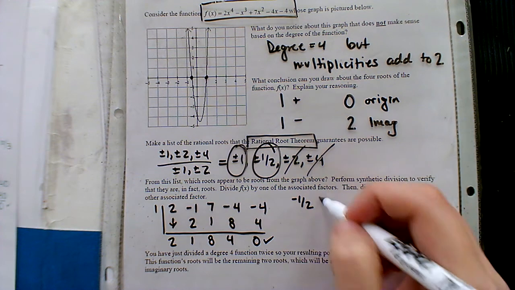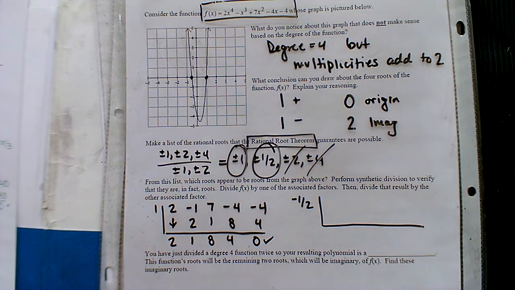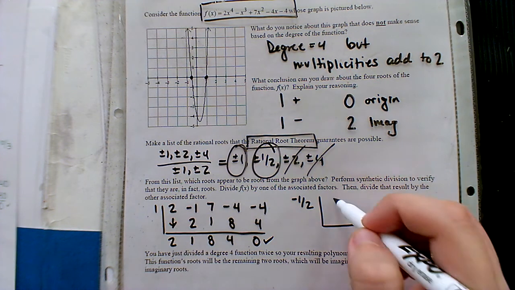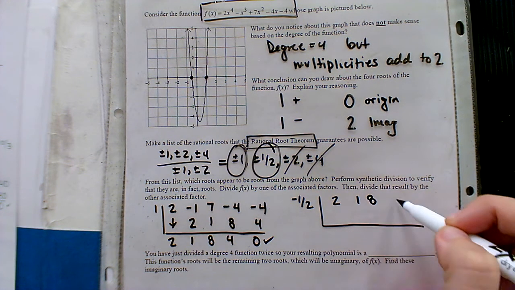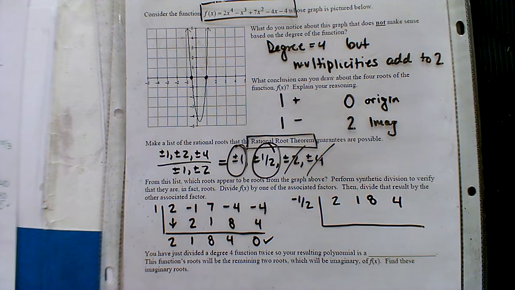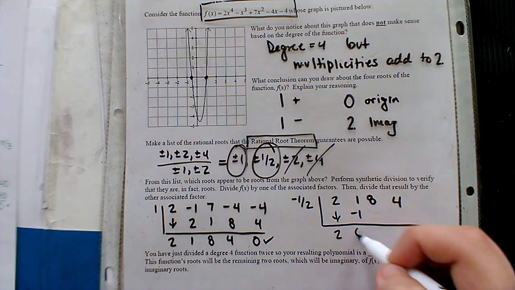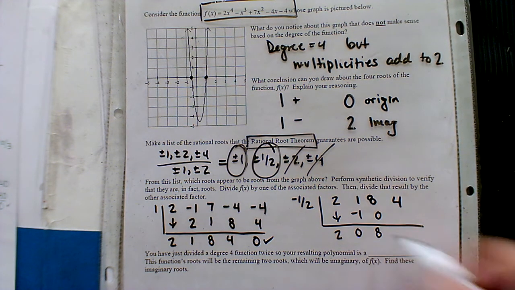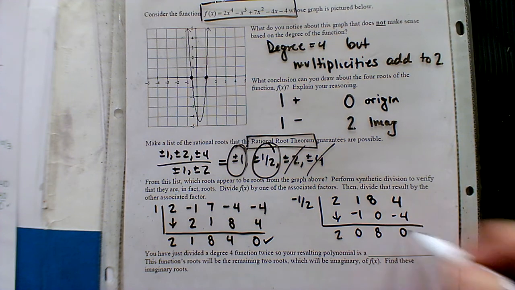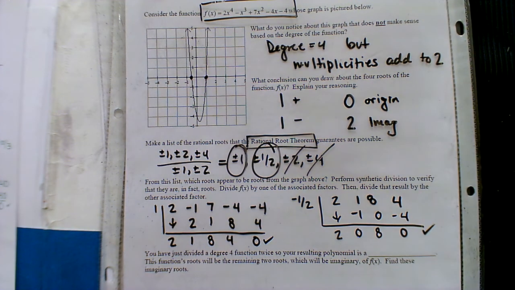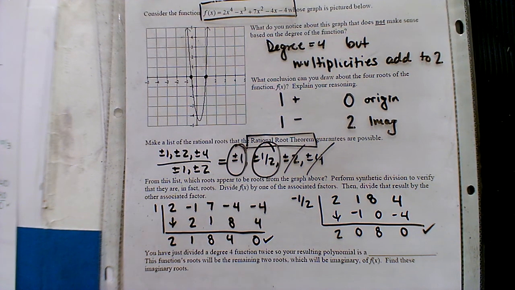Let's go ahead and try -1/2. Okay, we're going to take the quotient values from the previous division, because now we'll just have 4 instead of the original 5. Looks like that one works as well.